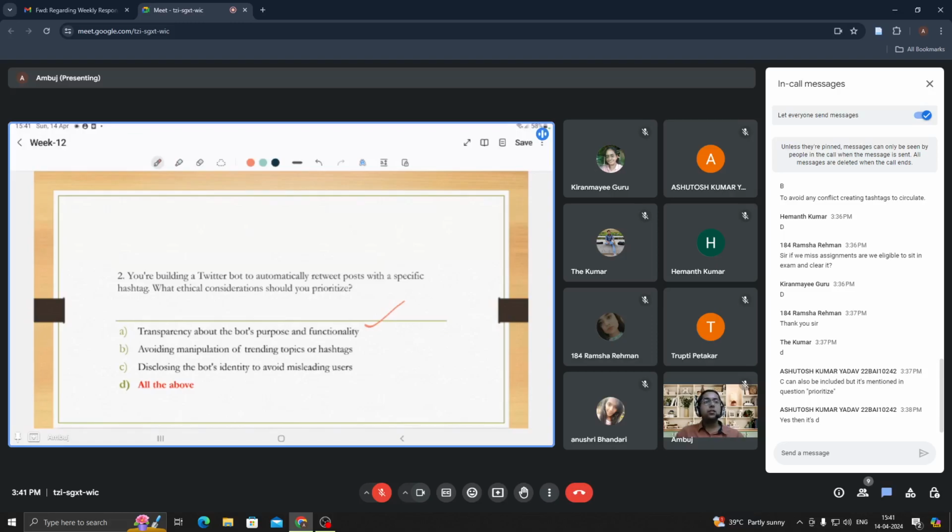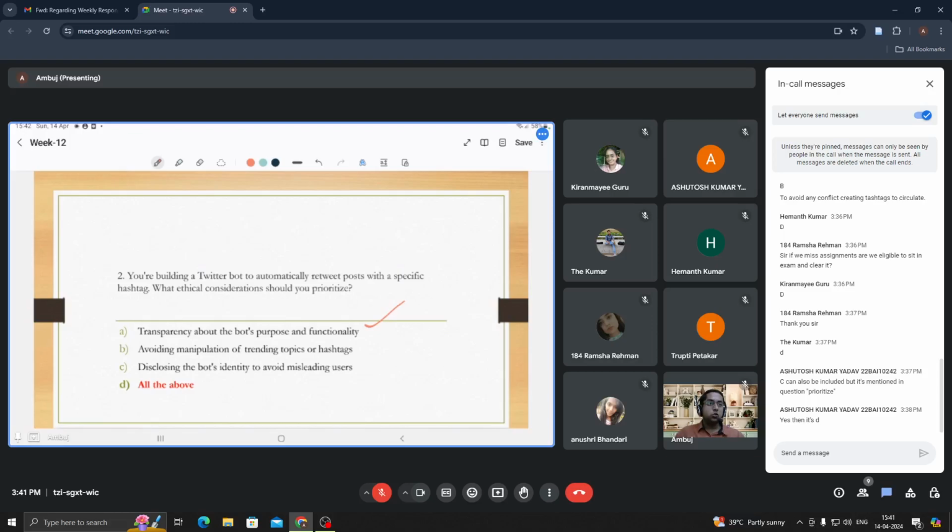If I want to post information regarding the Olympics, for example, I have created a bot which will automatically aggregate all the information regarding a particular event like the Olympics, or regarding IPL, any example you can think of. Now what would happen if I trigger my bot in such a manner that whatever is trending, it posts and retweets it? Then my main goal would not be effective. That is why you have to avoid the manipulation of trending topics or hashtags.